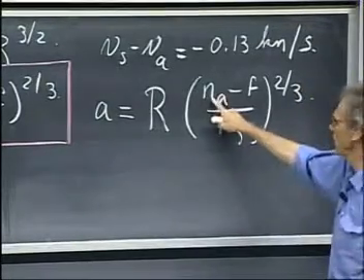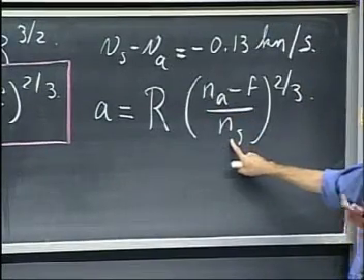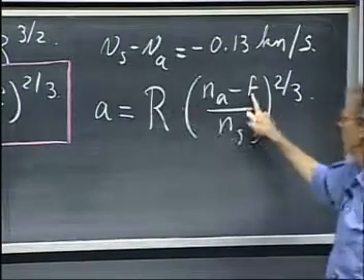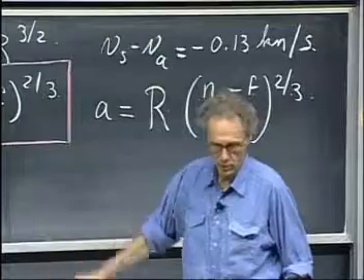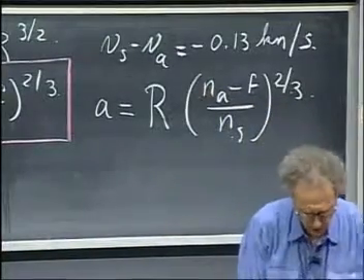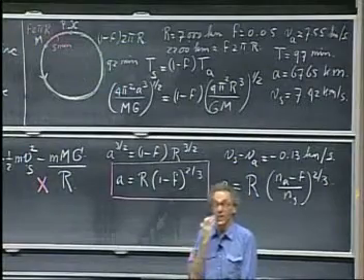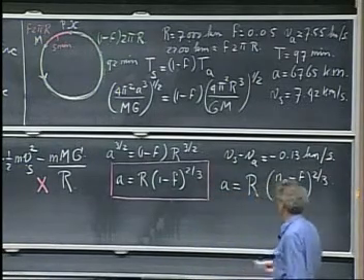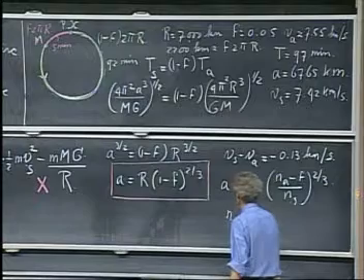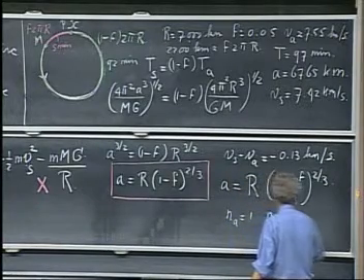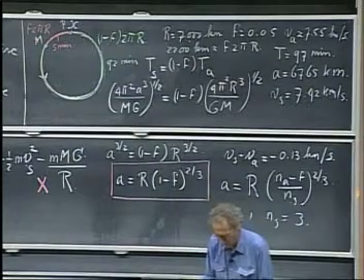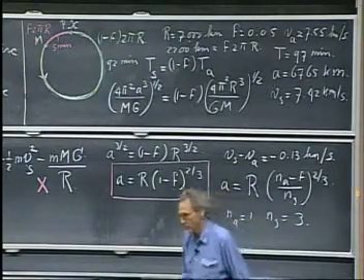And if you substitute in here n_A equals 1 and n_S equals 1, which is the case that they make the catch right away, then you indeed get R times (1 minus F) to the power 2/3. So that's exactly what you have there. Not all solutions that you try will work. One solution that won't work is n_A equals 1 and n_S equals 3, which has no solution. I'll leave you with the thought of why that is the case.